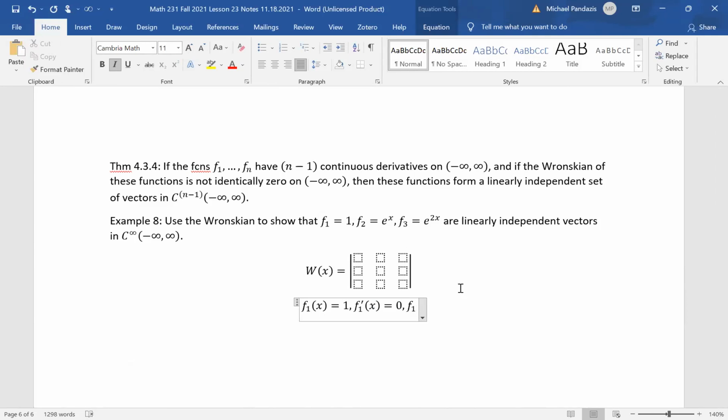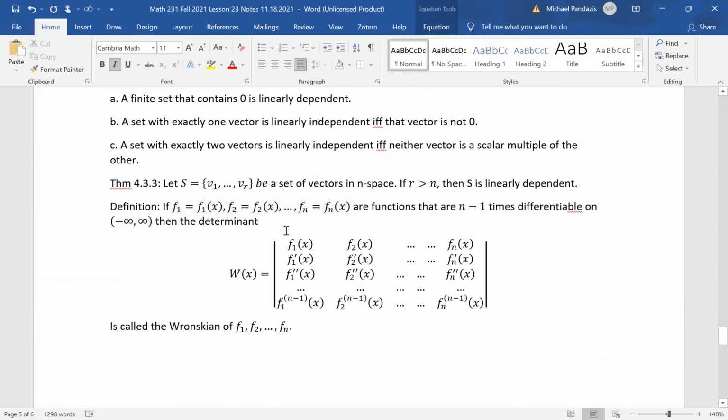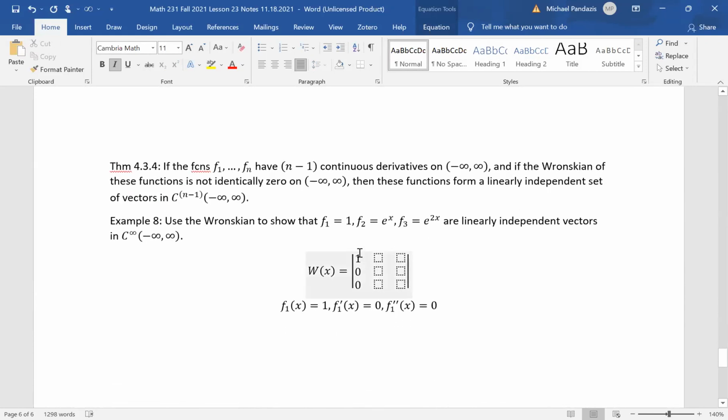And f sub 1 double prime of x is still equal to 0 because the derivative of 0 is 0. So the first column of the Wronskian is 1, 0, 0. The first column is the first function and then its derivatives, and you're stopping at the n-1 derivative. Here n equals 3 because there are 3 functions, so we want the 0th derivative, the first, and then the second.